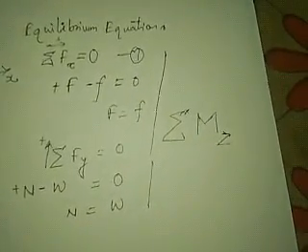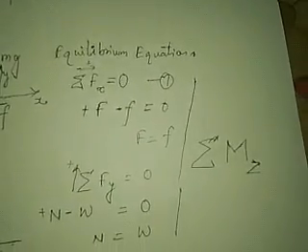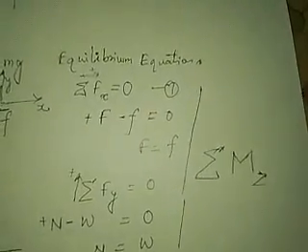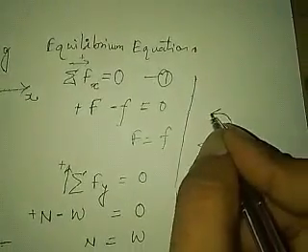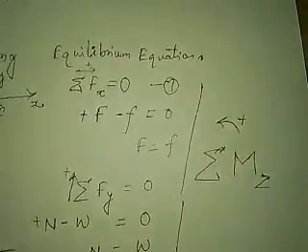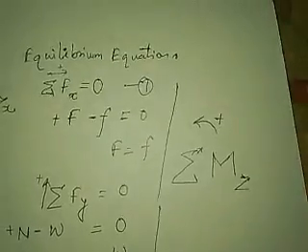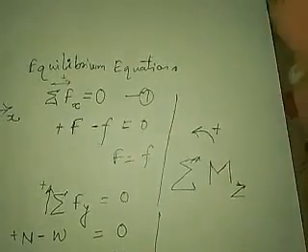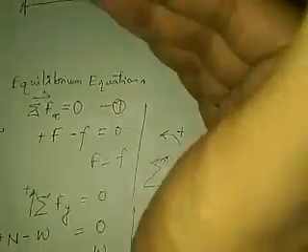So let's get back to the point. I was talking about moment, and moment about the z-axis. It is the rotation along the z-axis. I assume that the z-axis is pointing outward, and so the rotation according to my right hand is in anti-clockwise direction.